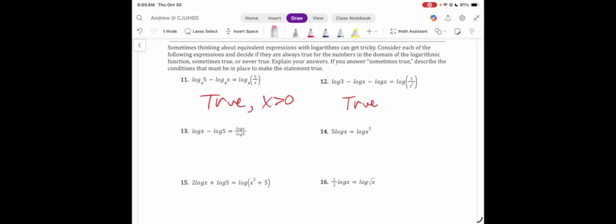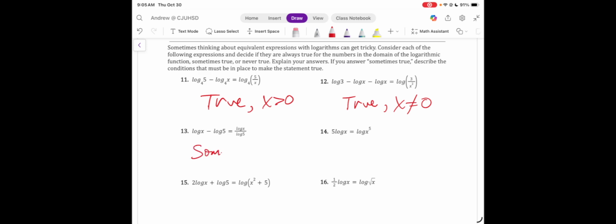But for this one, since it squares it, we just need x to not be equal to 0. And let's see, number 13, this is not a real property. So it could sometimes be true. Let's cut away to Desmos, and I'll show you when that's true.